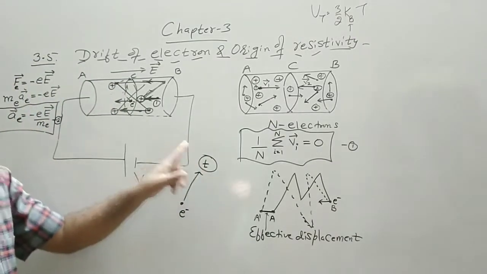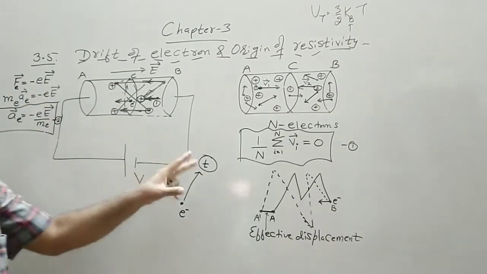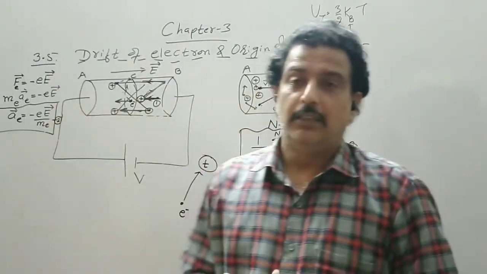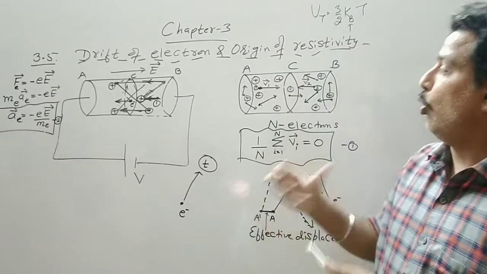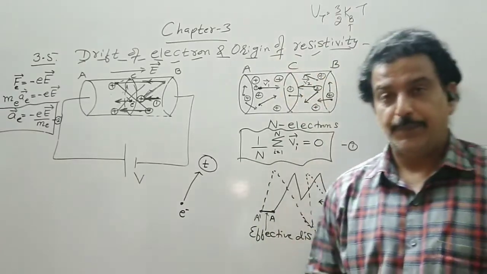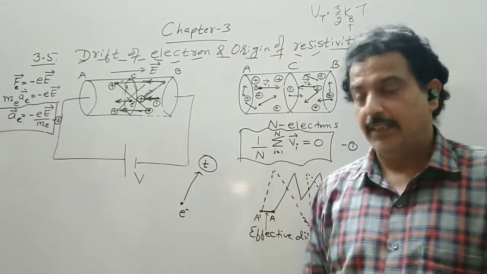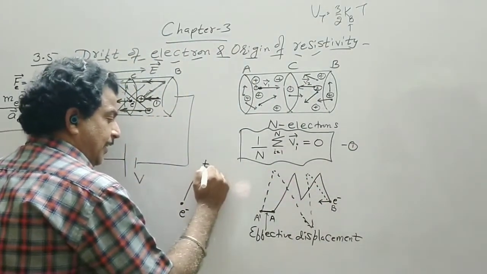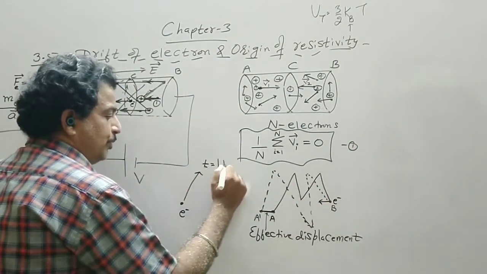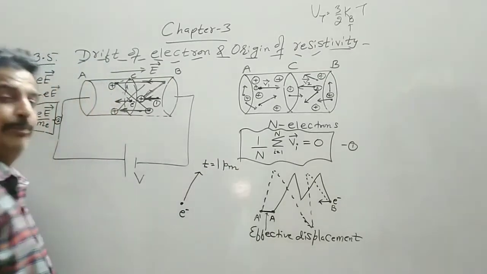So t is the time when I started my observation. Suppose we are able to observe this motion. Let me take as an example that I started observing this electron at 1 p.m.